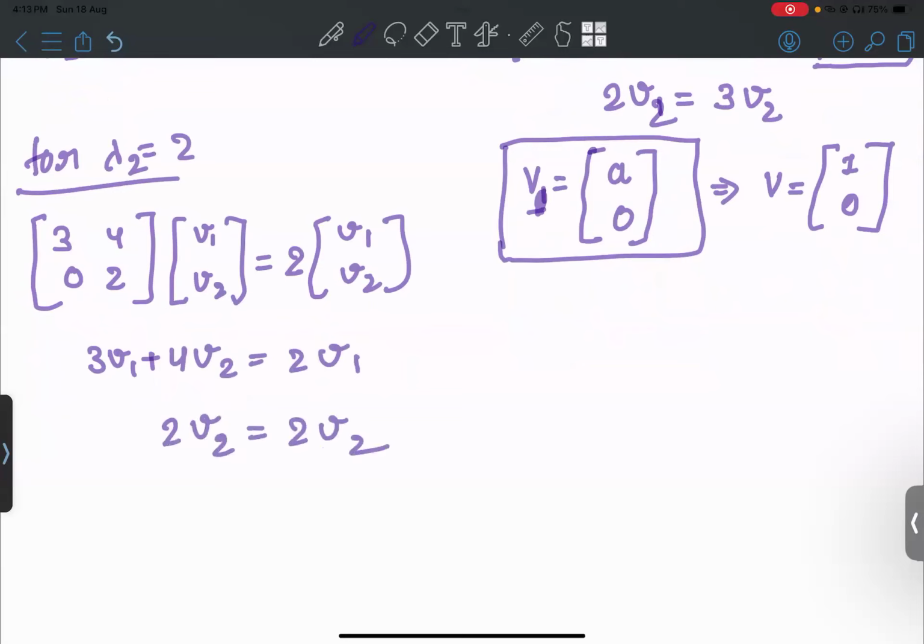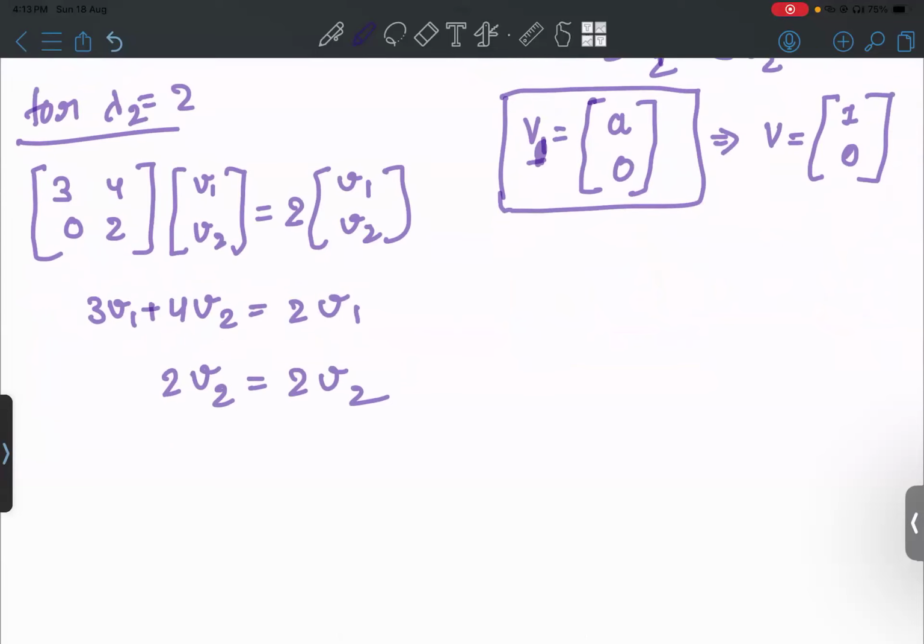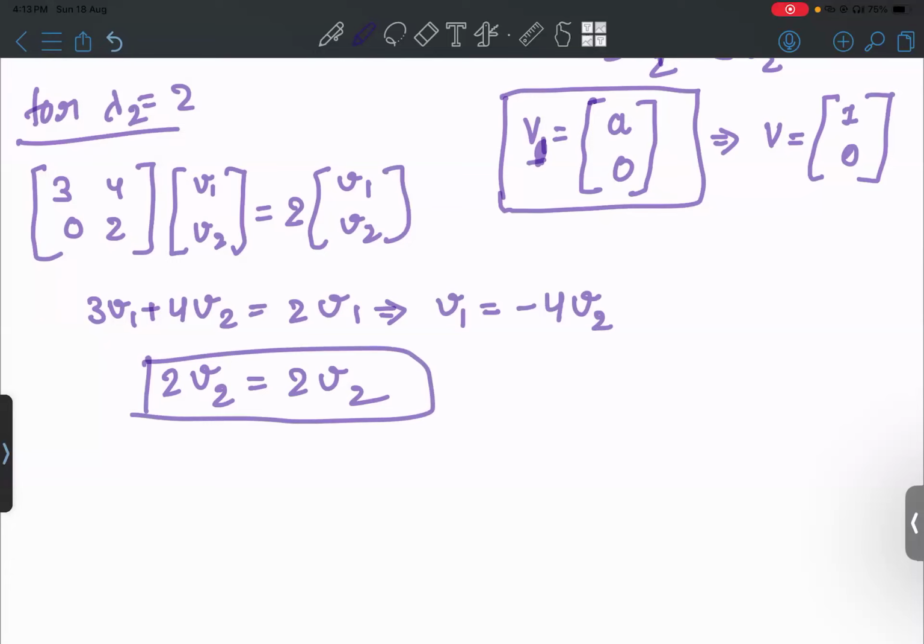So from here we will get v1 equal to minus 4 v2, and this will always satisfy.